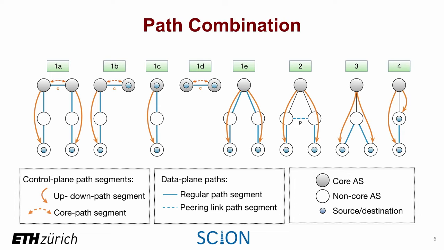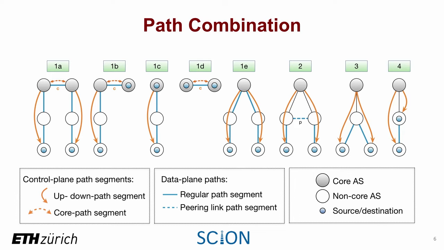So no shortcut is used, while the path segments are used directly. Cases 2, 3, and 4 represent shortcuts. Case 2 represents a peering link shortcut, case 3 an AS level shortcut, and case 4 a shortcut where the destination is directly in an AS on the up path segment.